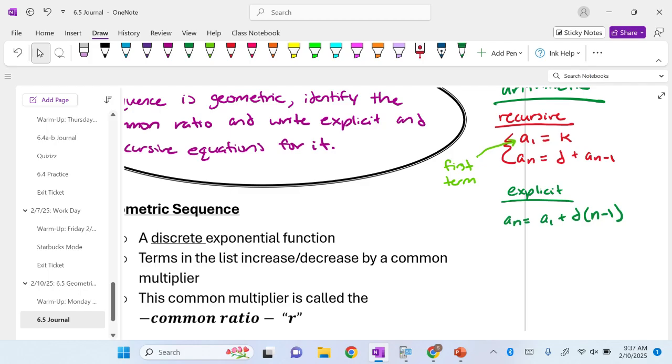What's another name that starts with the letter d for one of those operations? What's another name for subtraction that starts with a d?